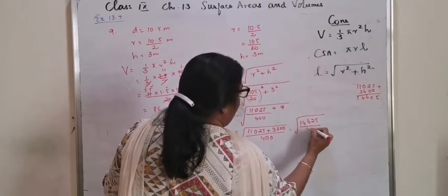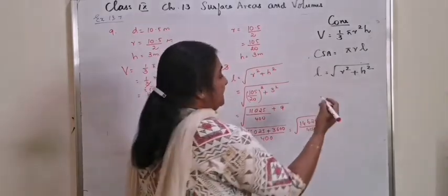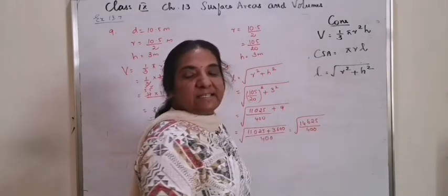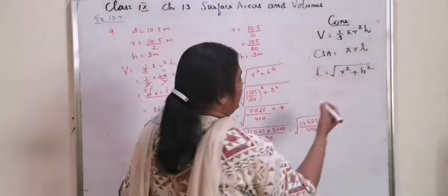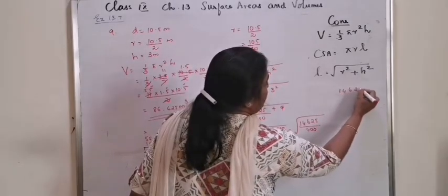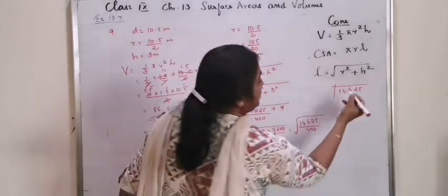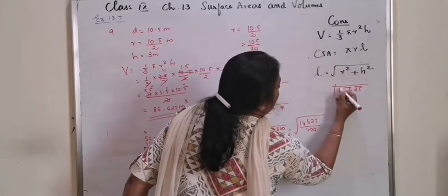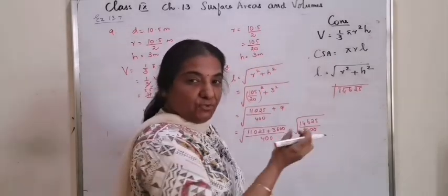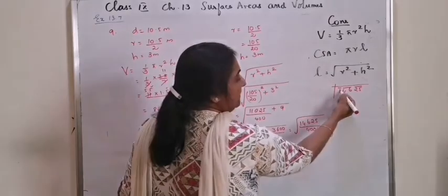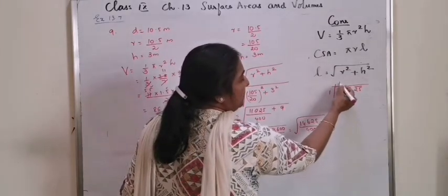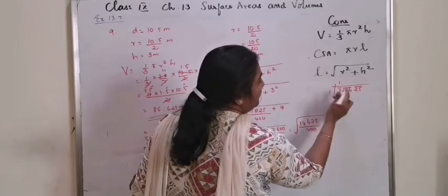Let's find the square root of 14,625 by the long division method. From the right, take digits in pairs, finally leaving 1. The perfect square to 1 is 1, 1 ones are 1.